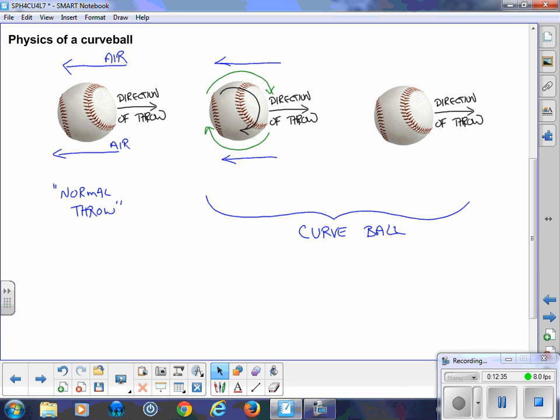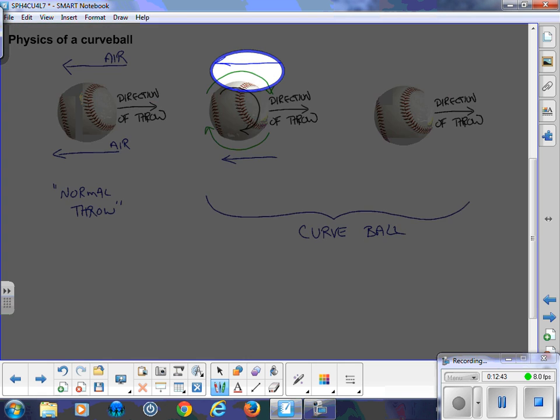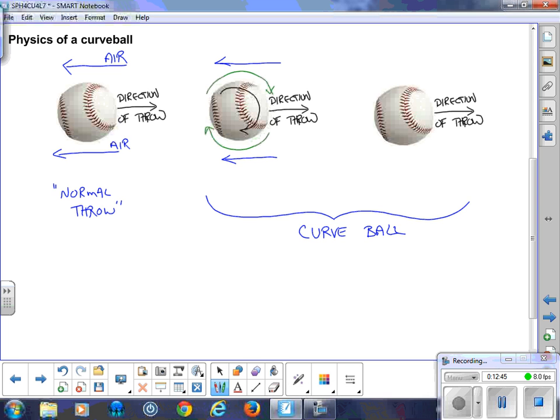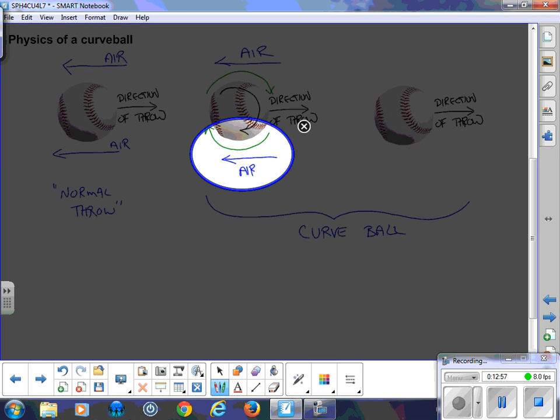And what happens then is this region here, right here we have airflow and our friction opposing each other. On this side, our airflow and our friction are in the same direction.